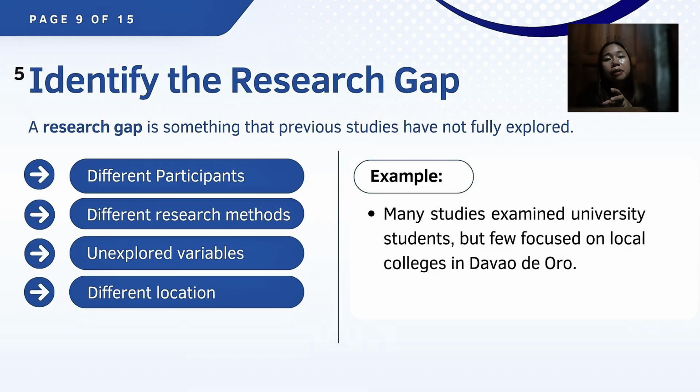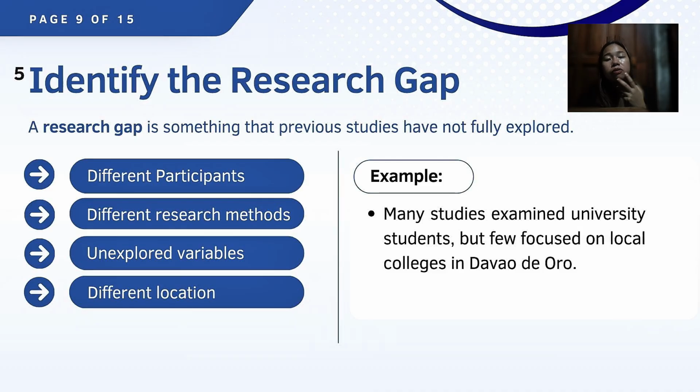So, a research gap may involve different participants, such as studying college students instead of senior high school students, different research methods, such as using interviews instead of surveys, other unexplored variables like study habits or self regulation, and lastly, different locations such as conducting the study in local colleges in Davao de Oro instead of universities in other regions.